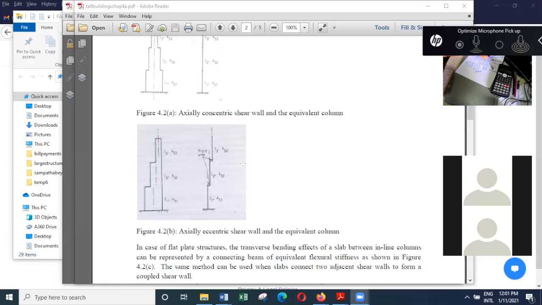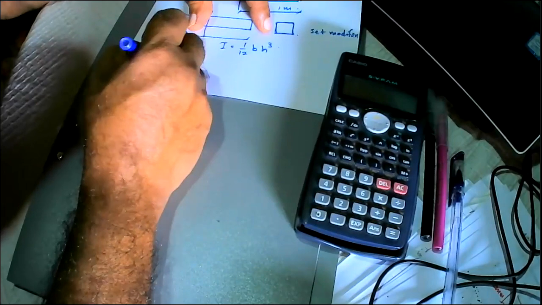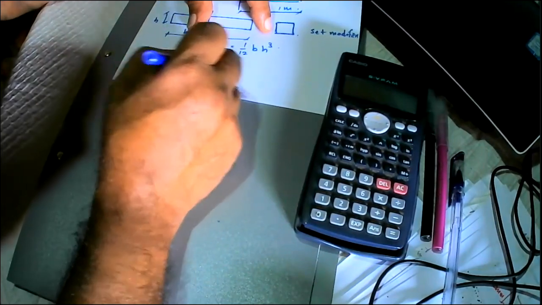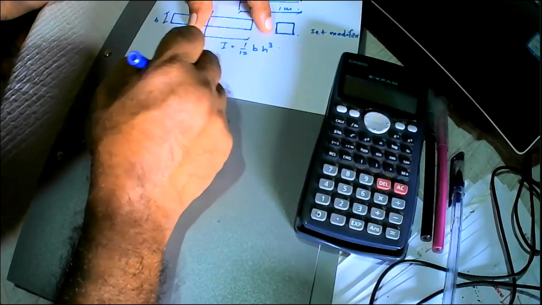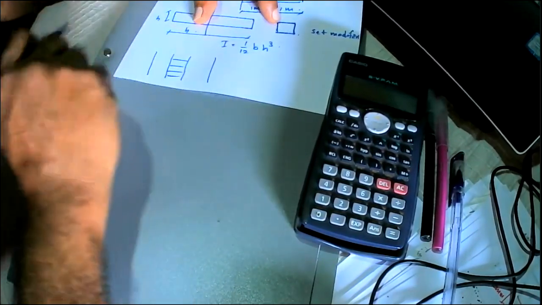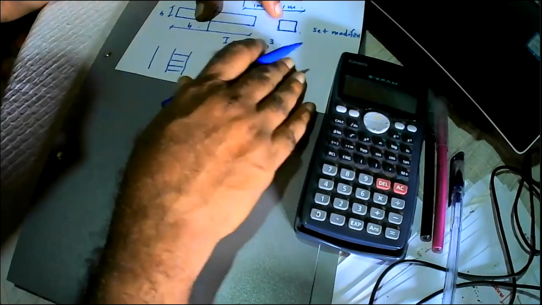So when you are modeling coupled shear walls, you can make use of this method. I'll show you. If you want to model a coupled shear wall, the coupled shear wall will have the walls and the beams.